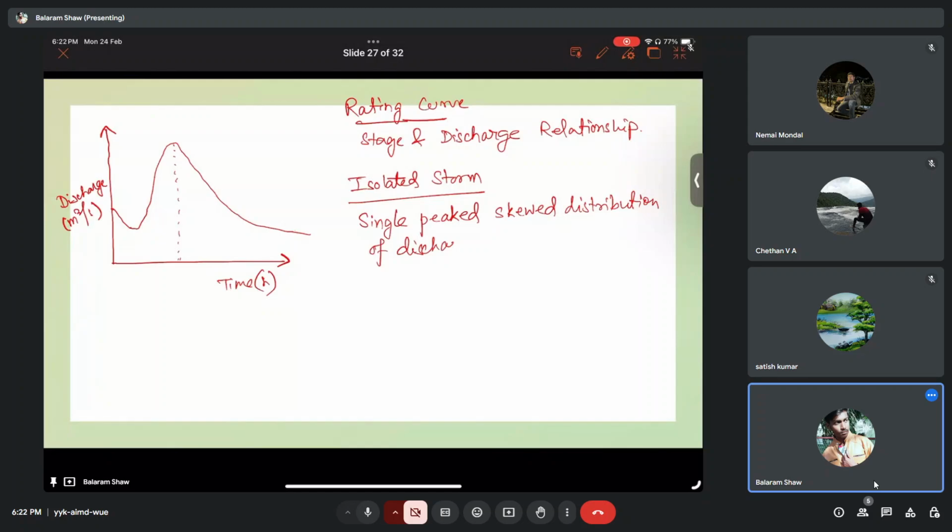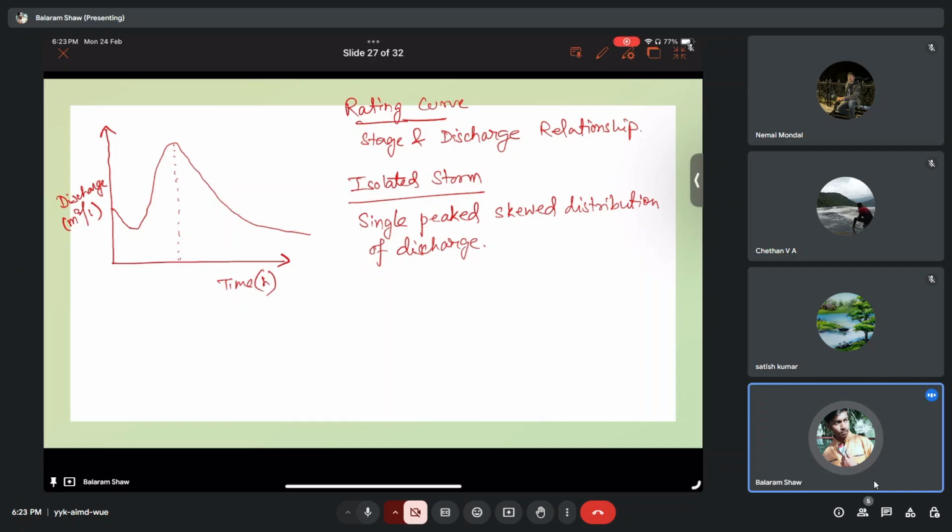Why have we dedicated 2 lectures to the hydrograph? Because the hydrograph gives you the representation of variation in discharge, or let's say stage, with time. Whatever I have shown here is for an isolated storm.